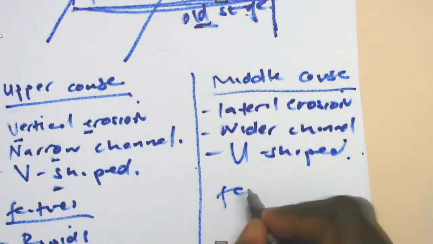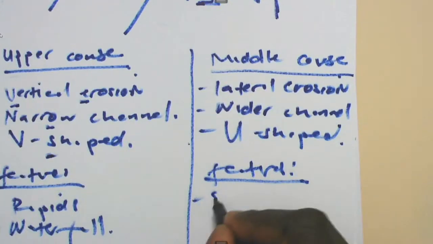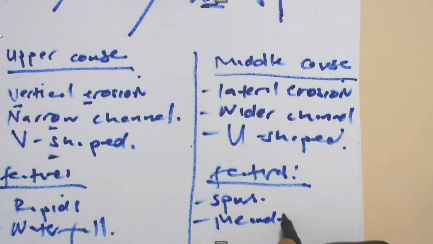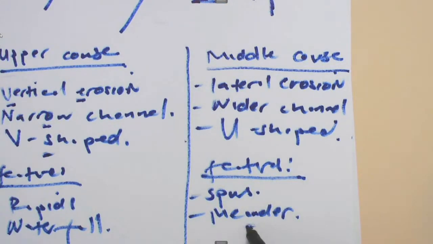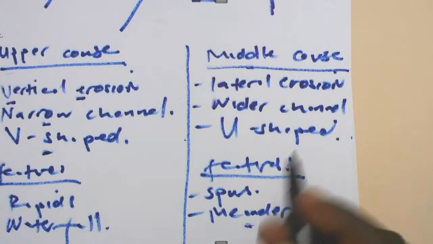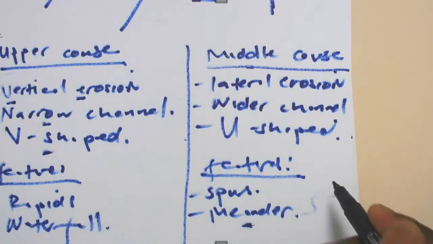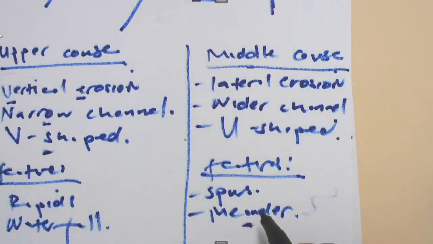And then the features that are formed over here: spurs are formed, and meanders are formed. These are some of the features that might be formed there. But meandering, remember, will be formed especially towards the end of the middle course, where a river starts to bend. So when we talk about meandering, that's where a river starts to bend. So immediately when that particular river starts to bend, that is when we are saying the gradient starts to be gentle over there.